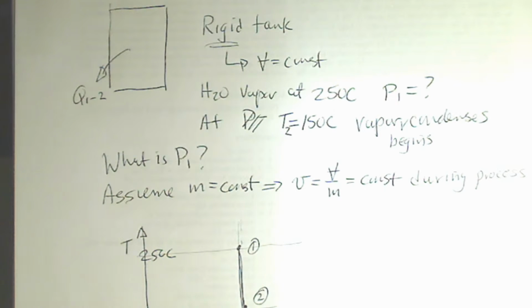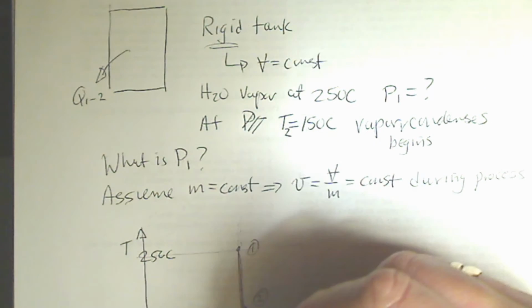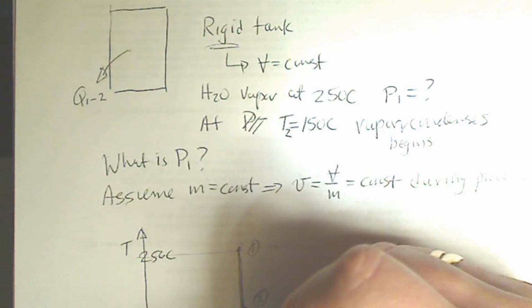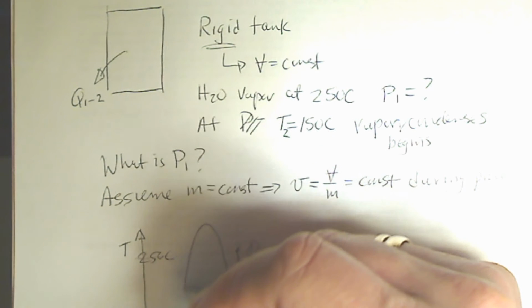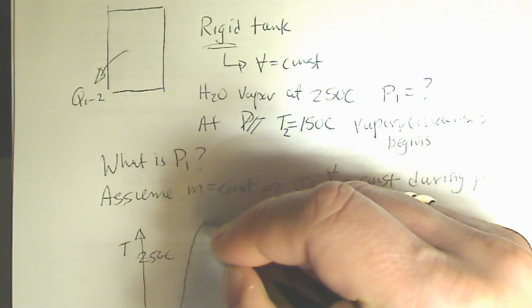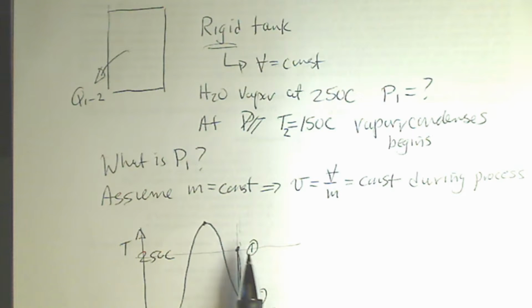So state 2 is at this boundary that we call the saturated vapor line, and I'll attempt to draw this into our sketch. It might look something like this. Remember, this was our critical point here at the top. This is now our state 2, on the saturated vapor line, and state 1 is connected to state 2 by this constant specific volume process.